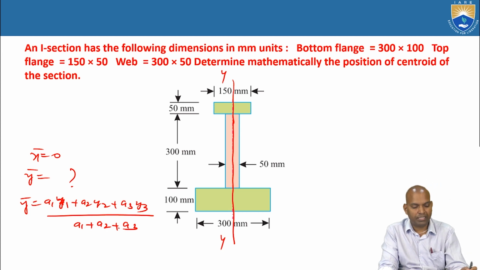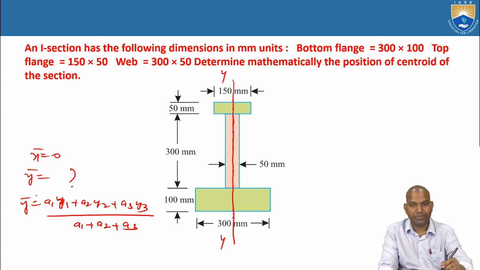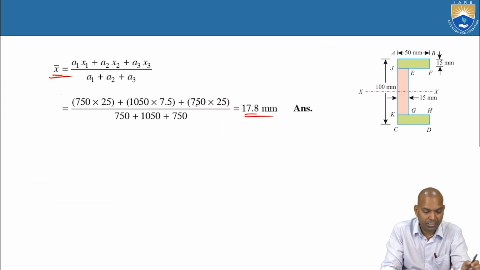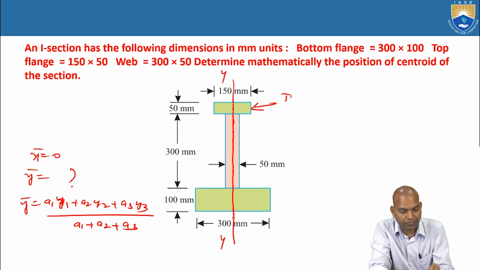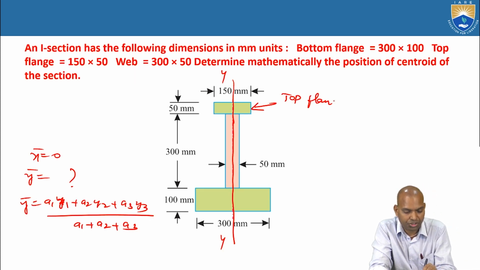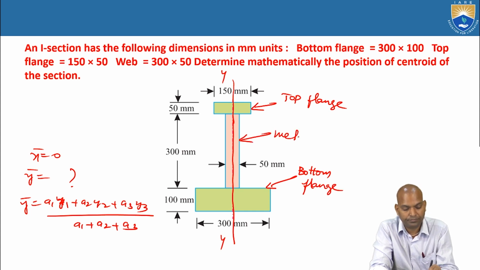Thus, what are the things required? Area of the section 1. Here, one terminology you have to understand. For I section, this is the top flange, F-L-A-N-G-E, and here it is the bottom flange. The middle vertical portion is known as the web.